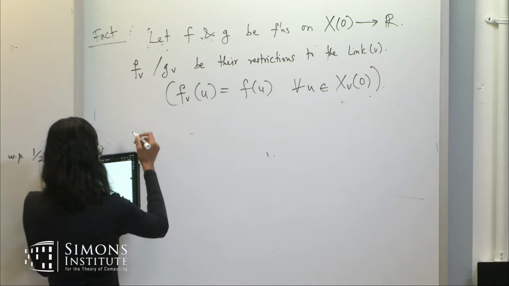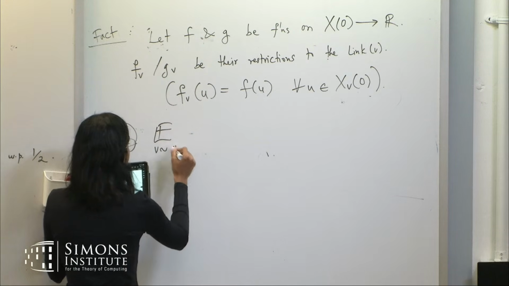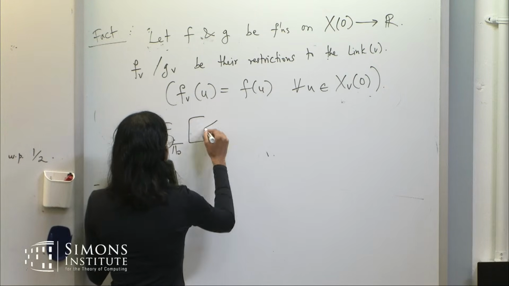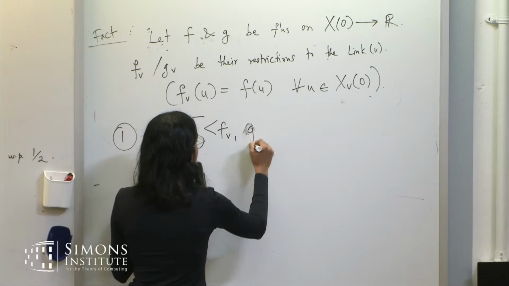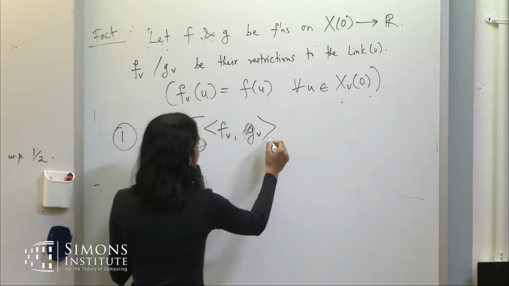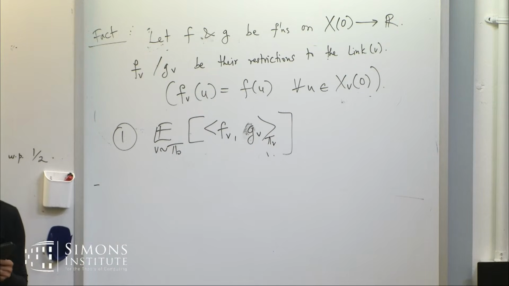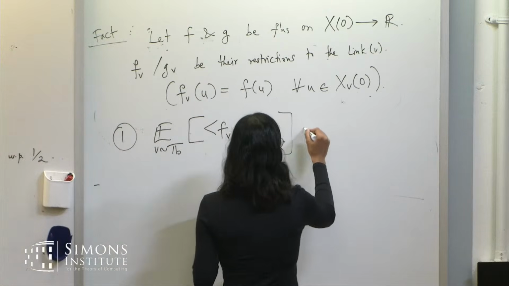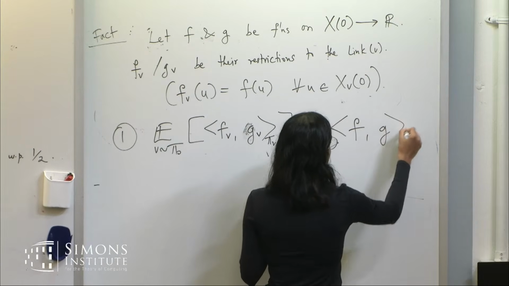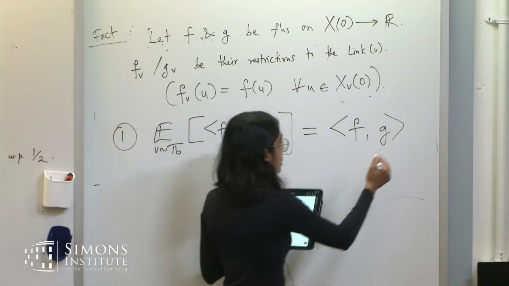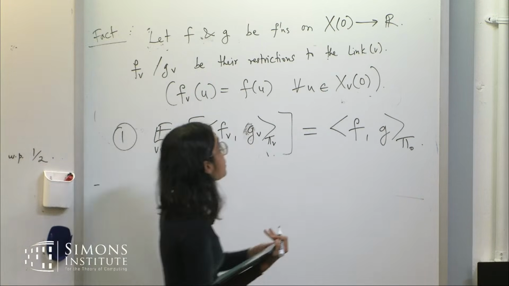What we get is the expectation over V of the inner product of Fv with Gv, which is an inner product with respect to the distribution pi v in the link. This is equal to the global inner product of f and g with respect to pi 0 on the vertices.